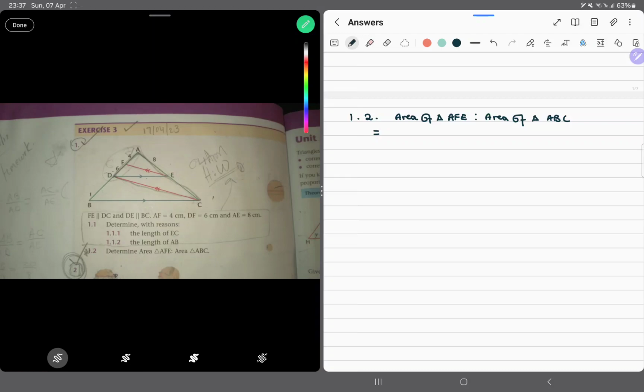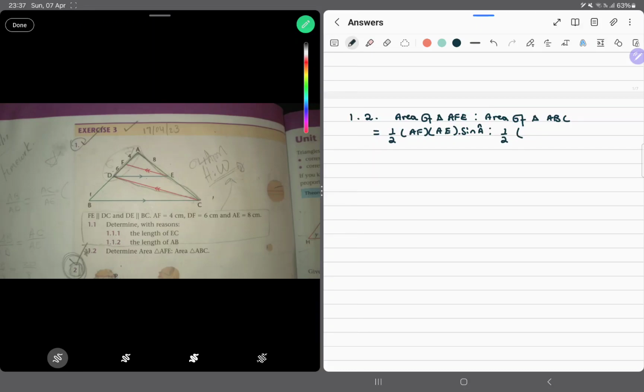How do you do this? We know that is the angle, so the area rule says you multiply half times the product of the two sides and the sine of the included angle. So this is half times AF times AE times the sine of angle A. I'm choosing A because it's common so that I can eliminate things.